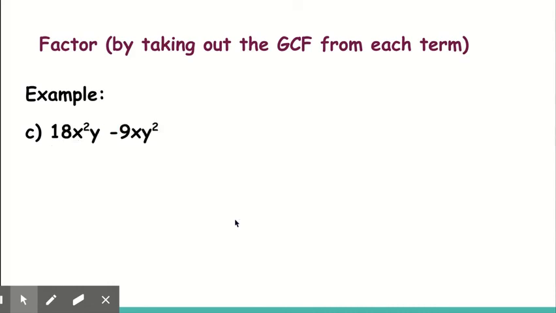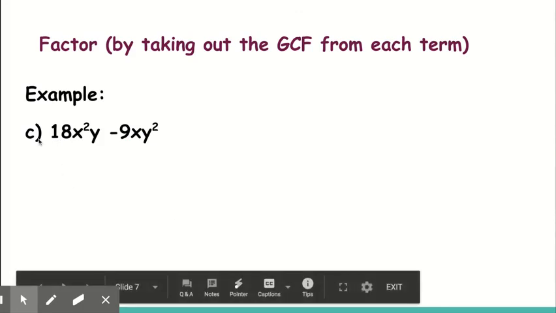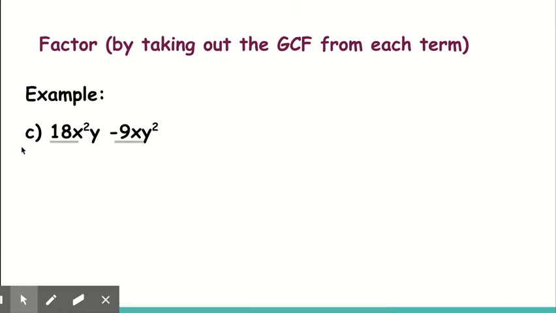Okay, last example. This should be example E. So our greatest common factor for both of these, they both can be divided by 9. And now since there are 2 types of variables involved, we've got an x and we've got a y, we need to look at both of them.